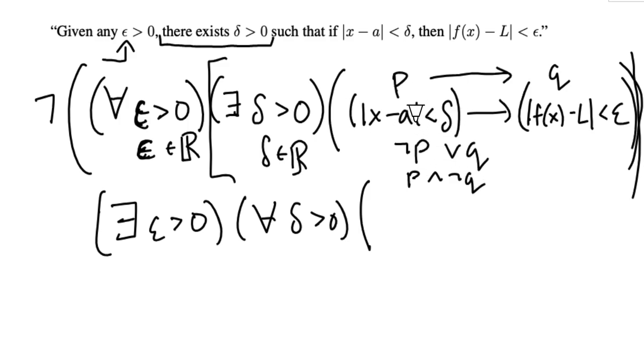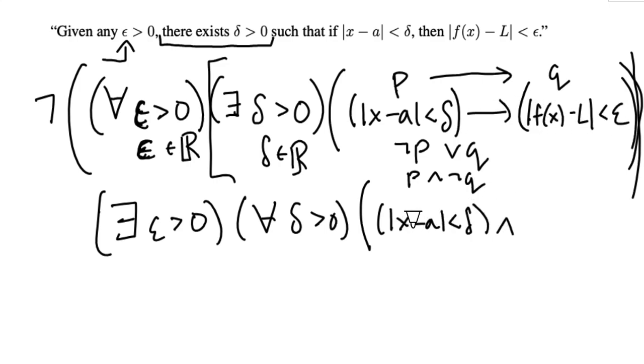So the negation is just this part right here: absolute value of x minus a is less than delta, and the conclusion is not. The hypothesis is satisfied, but the conclusion is not.